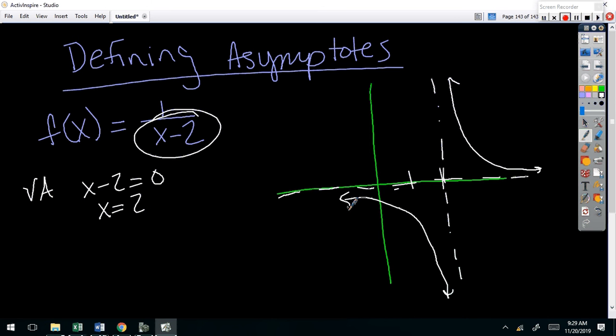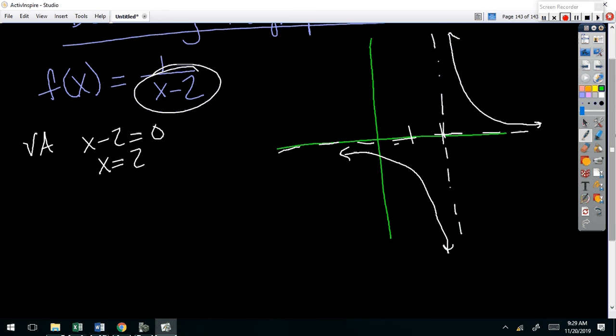All right, so without actually making you graph it, this graph looks something like this. But here's what we're going to do. We're going to define the behavior of the graph at the asymptote. First let's do end behavior. The limit as x approaches infinity of f of x, what does that equal? Look at the graph.